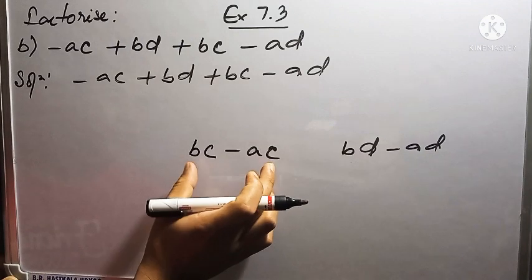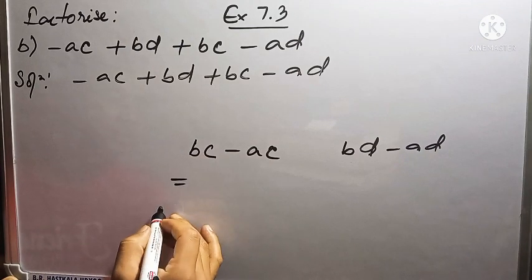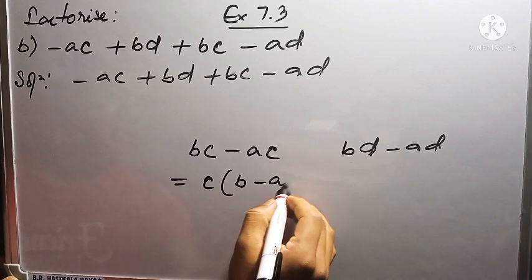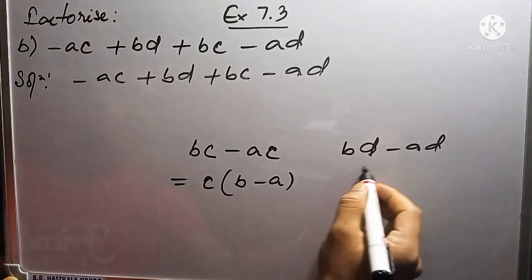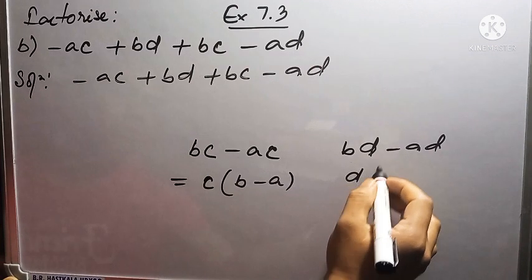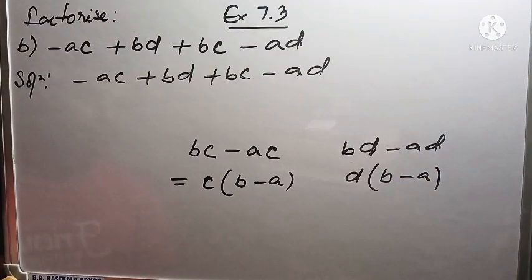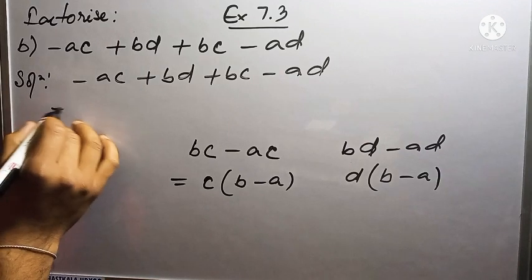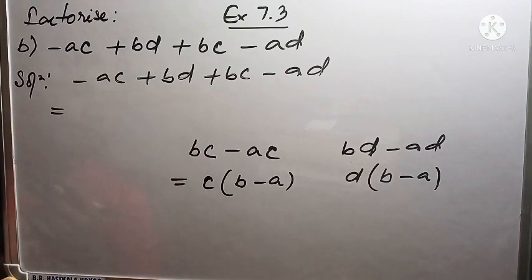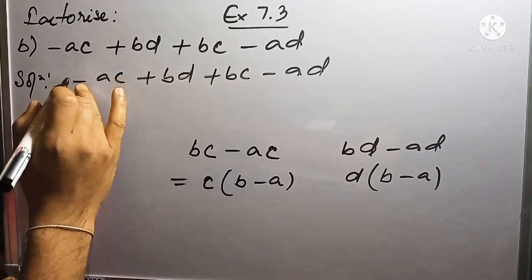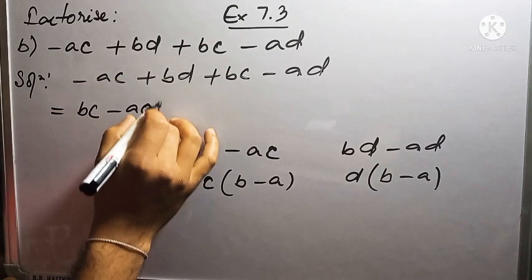Okay, so from this group, can you take anything common? Yes, we can take C common. Then we have B minus A. And then what about this? Even from here, you can take D common, so that we have B minus A. Okay, so when we make the group, I'll make it in this way. BC I'll write here. Then I'll write minus AC.